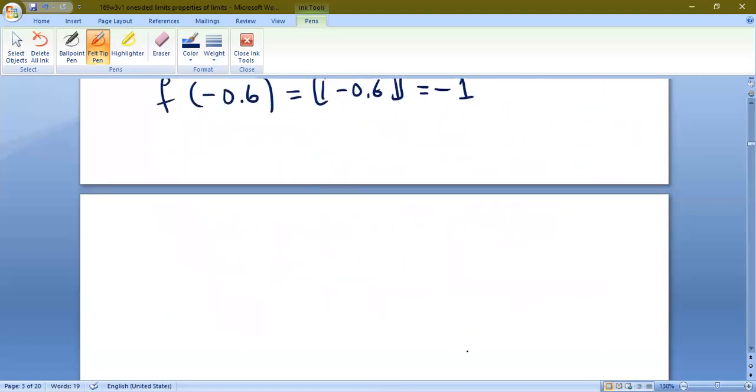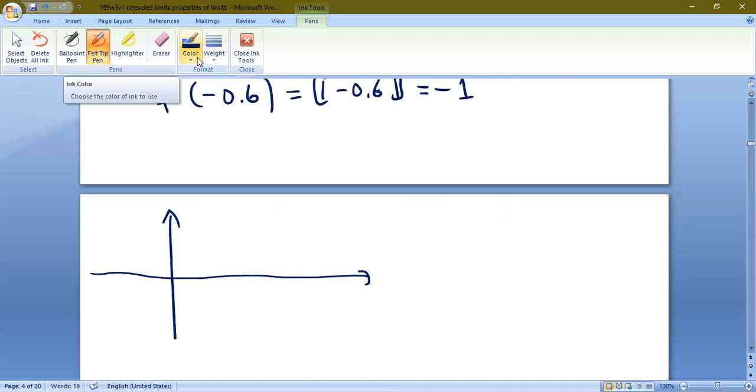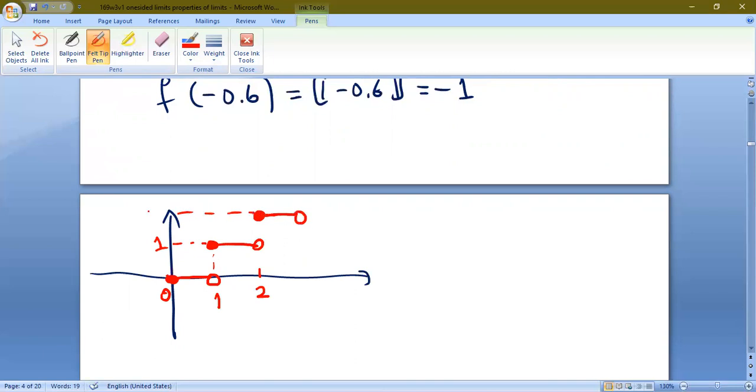And when we sketch the graph of this function, it's going to look like a step function, a ladder. So it's going to be something like this. This is 0, this is 1. And then for numbers between 1 and 2, it's going to give 1. For numbers like 2 or bigger, but less than 3, it's going to give 2.